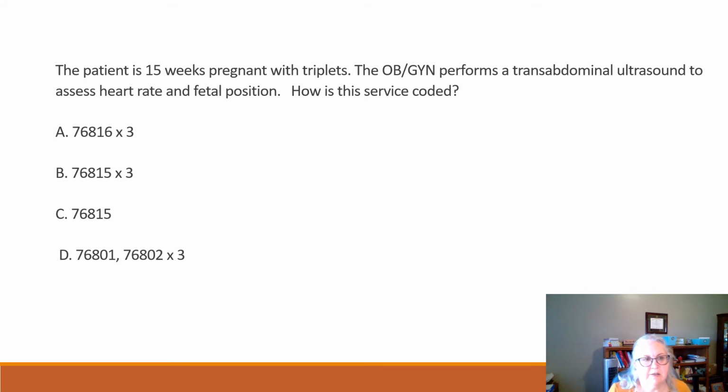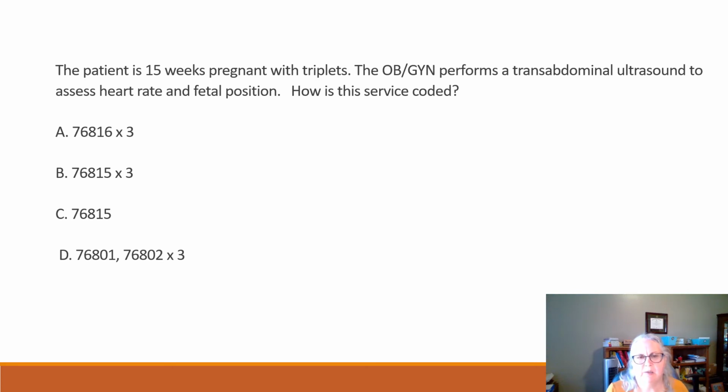You might even still consider the ×3 on there, so we need to look at what 76816 states. It's an ultrasound pregnant uterus real time with image documentation, but the key word here is follow-up. There's a parenthesis we need to pay attention to: re-evaluation of fetal size by measuring standard growth parameters and amniotic fluid volume, or re-evaluation of organ systems suspected or confirmed to be abnormal on a previous scan.